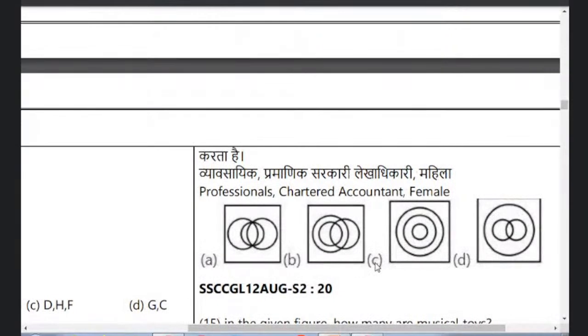So the relation between professionals, chartered accountant, and female.